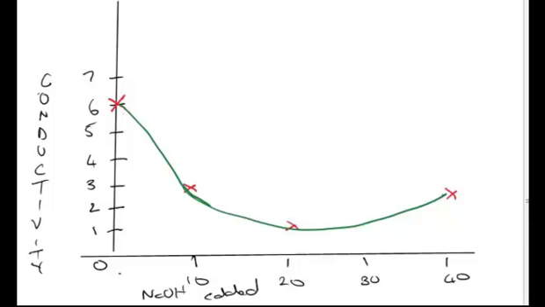Basically it asks you to discuss what's going on here, and that's really the easy part, where you talk about why the conductivity is high at the start, because the HCl dissociates completely.